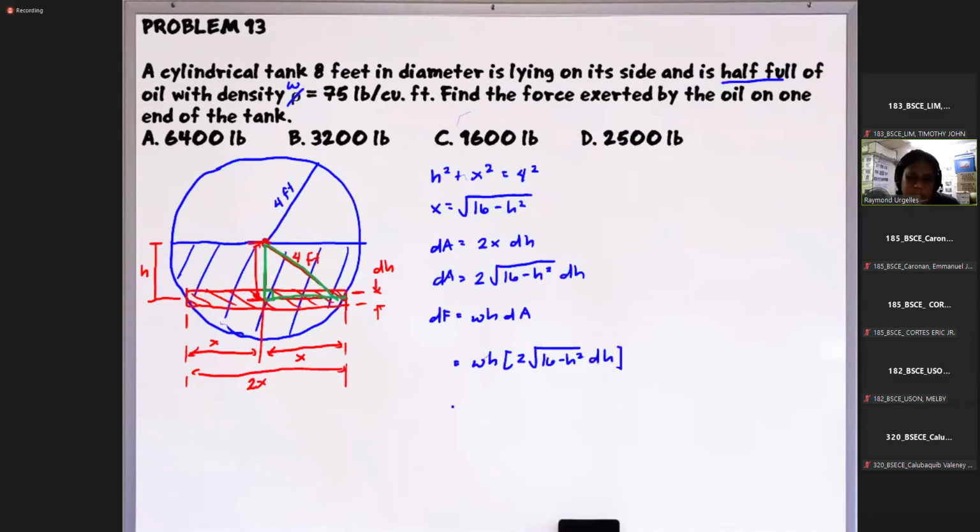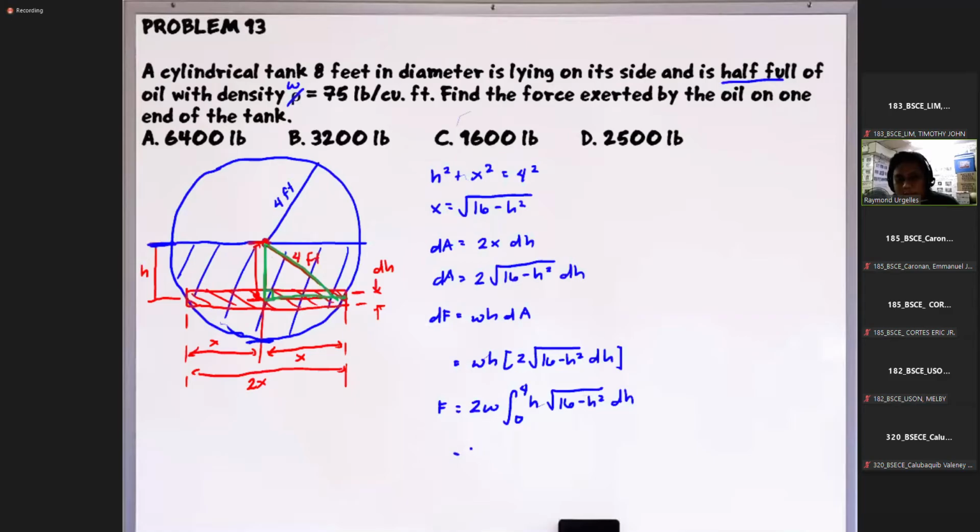So then, to solve the force, we can factor out the constant, that's 2 omega. So then this will be integral of h square root of 16 minus h squared dh. So yung h natin, we'll start from h equal to 0, yung pinaka-surface, hanggang sa bottommost part, that's h equal to the radius, 4 feet. So kaya from 0 to 4.